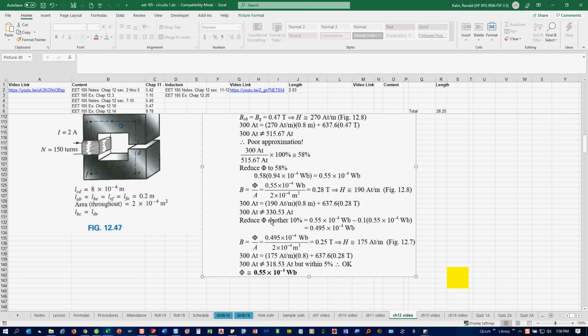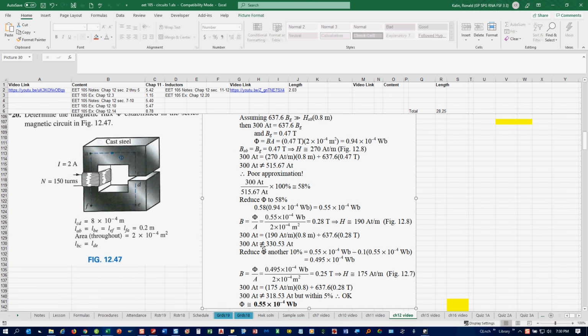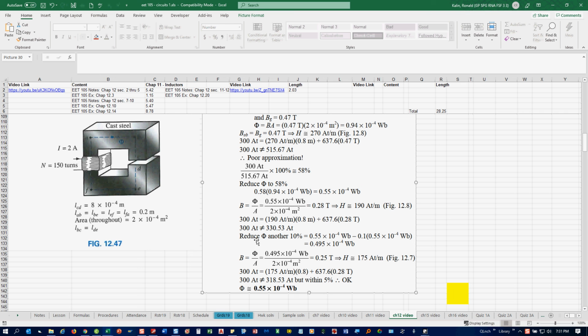So then what they're saying is take 300 divided by 330 times 100%, which is about a 10% difference. So you do another iteration, you reduce phi another 10%, and you get phi equal to 0.495.